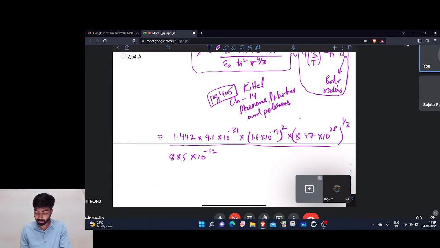H cross one can write as h by 2 pi, squared, into pi. Now if we evaluate pi raised to the power 4 by 3, it comes out to be 4.601.